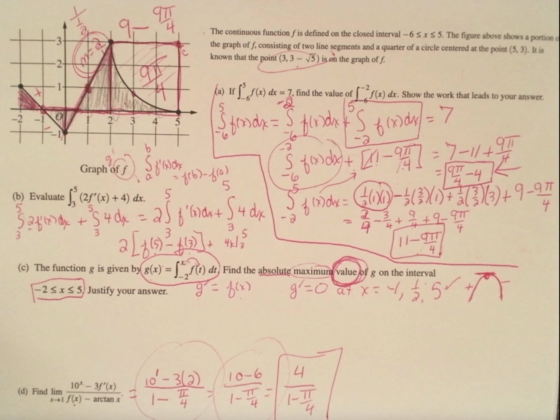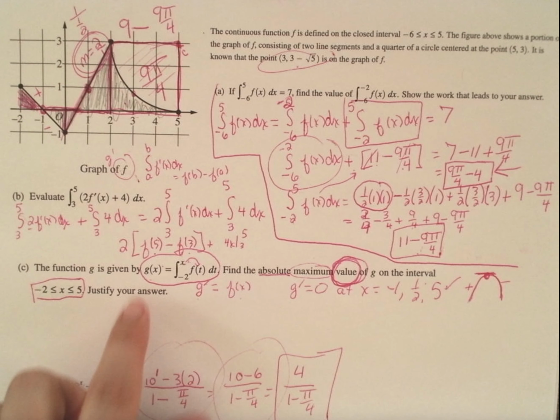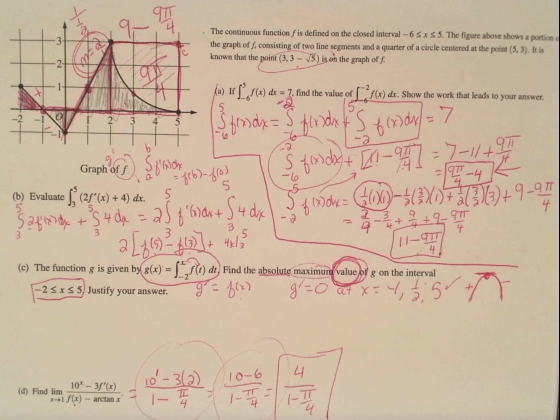You did area in part A. You did both point and slope here in part D. You showed fundamental theorem of calculus part 1 when you evaluated this integral. You showed fundamental theorem of calculus part 2 when you did g prime equals f. Think of all the things that this question tested on. This one I think would be a really good one for this year's exam. So you want to make sure that you know how to do every part of this question.